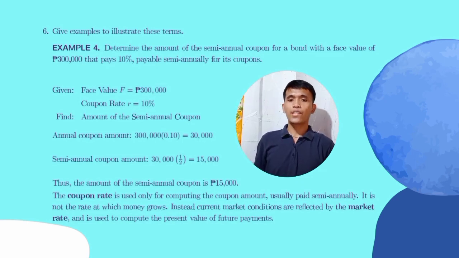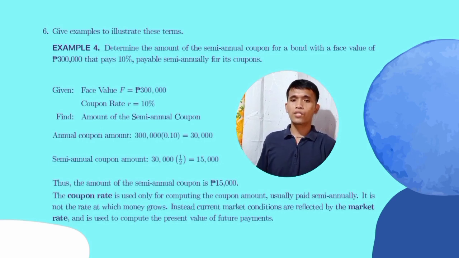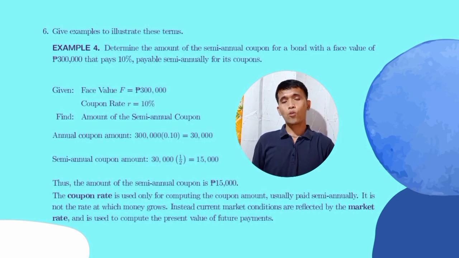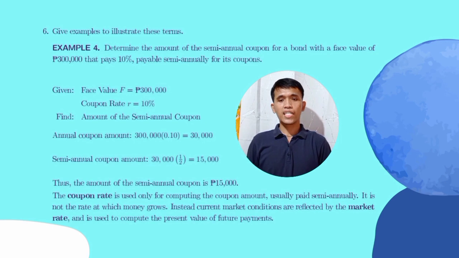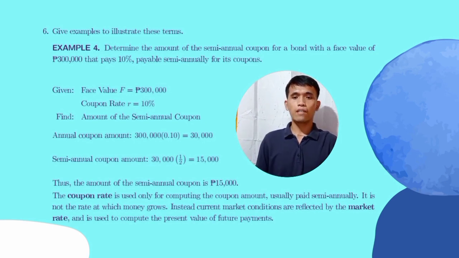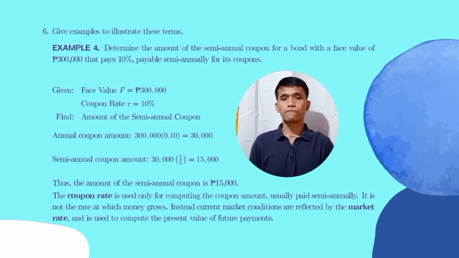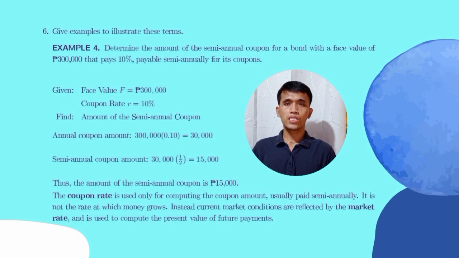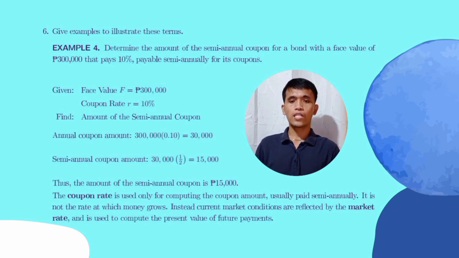In getting the annual coupon amount, let's multiply the face value and the coupon rate: 300,000 pesos multiplied by 0.10, so the result is 30,000 pesos. Then the semi-annual coupon amount is 30,000 multiplied by 1/2, which is equal to 15,000. Thus, the amount of the semi-annual coupon is 15,000 pesos.